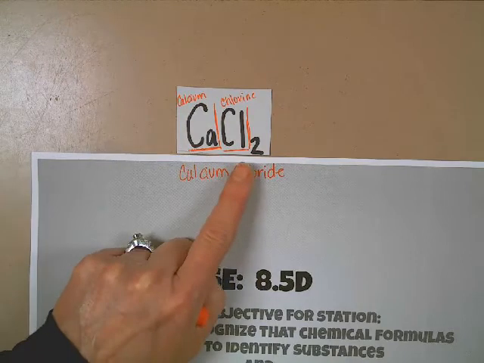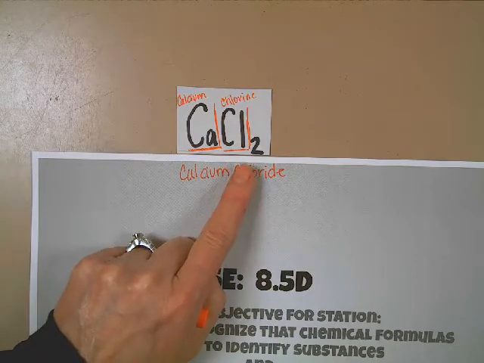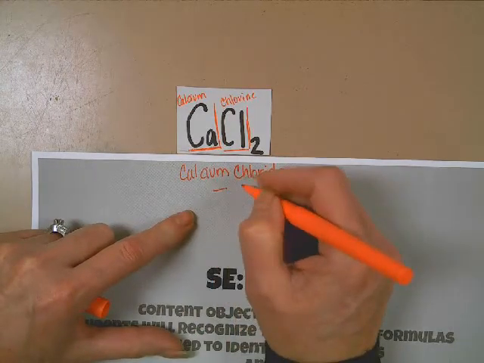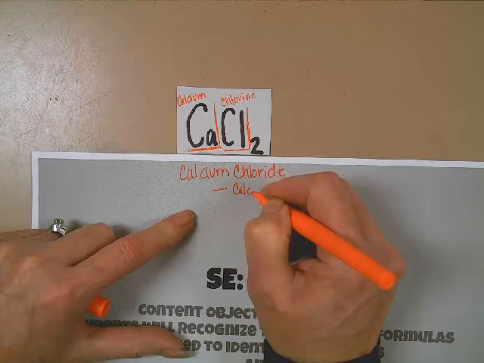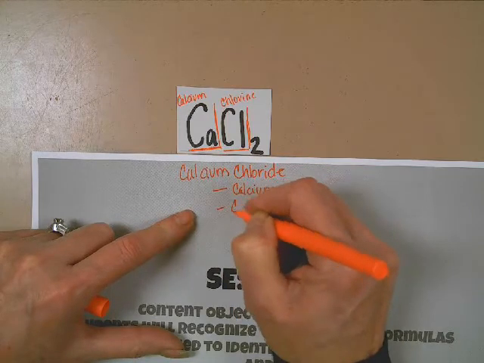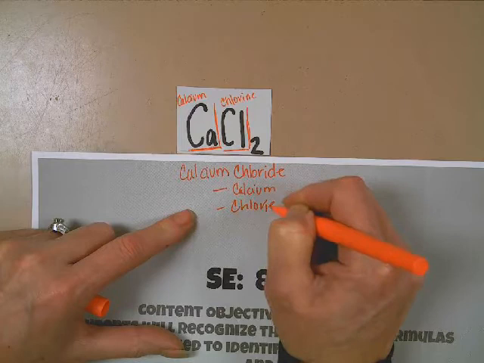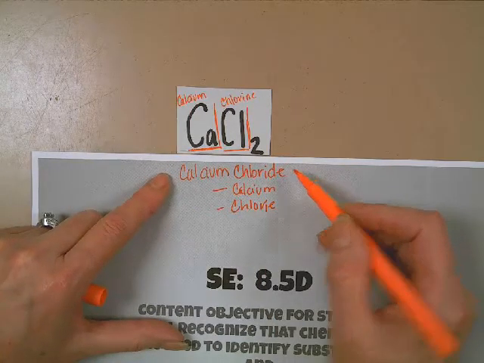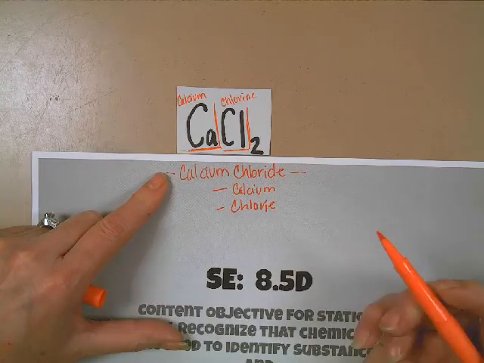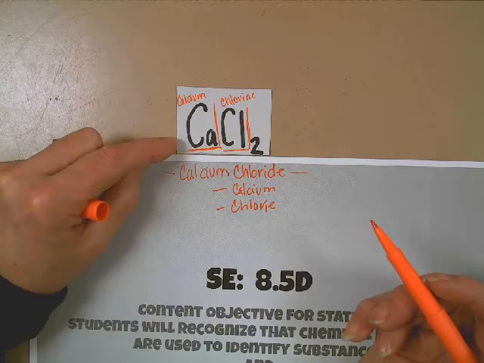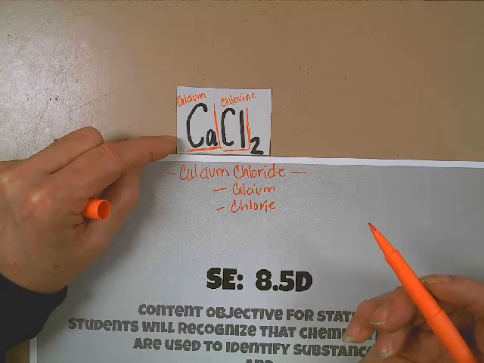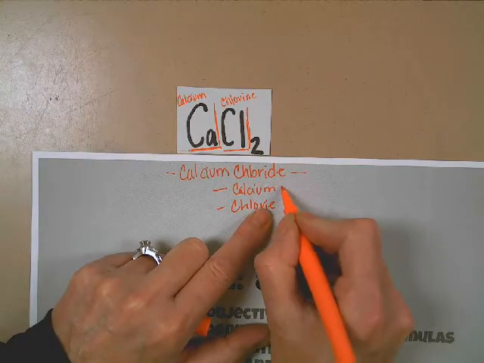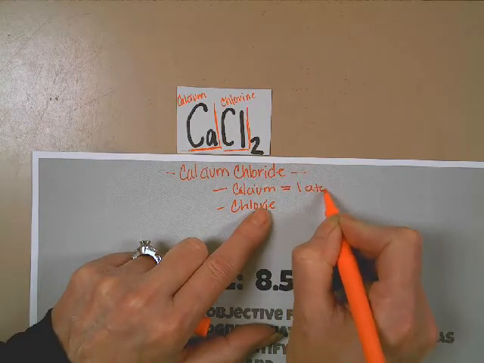Now we also have this little number, which is called a subscript. Since I already know calcium chloride is made of calcium and chlorine, how many atoms of calcium are present in one molecule of calcium chloride? Well, Ca represents calcium, and it's only listed in the formula once, so we only have one atom of calcium.